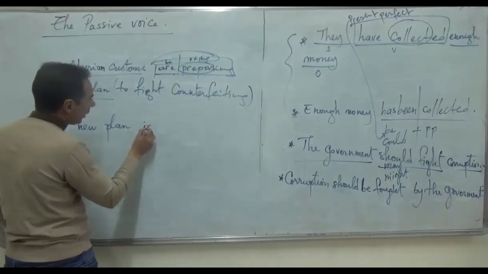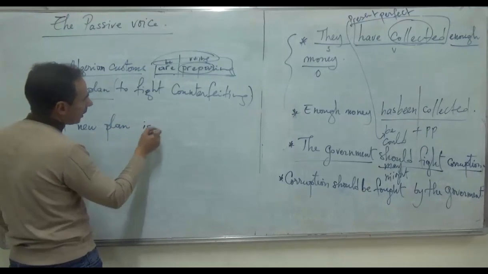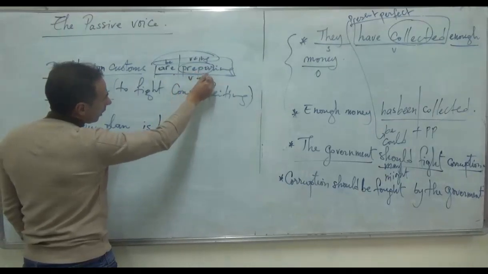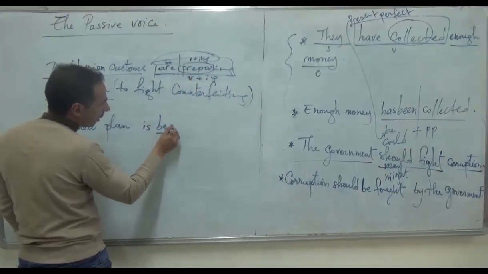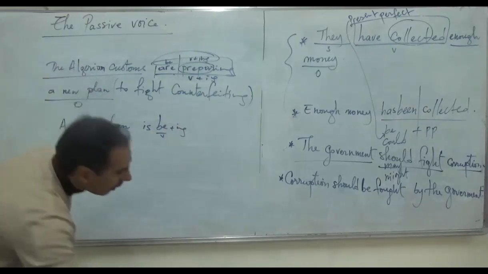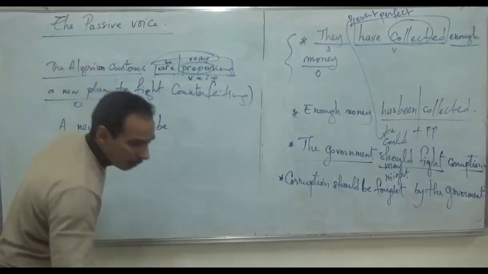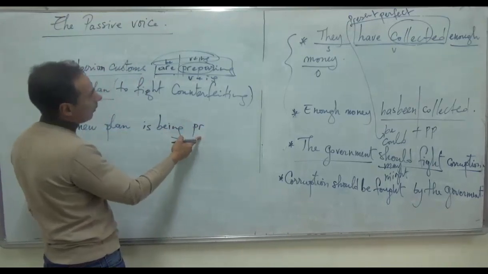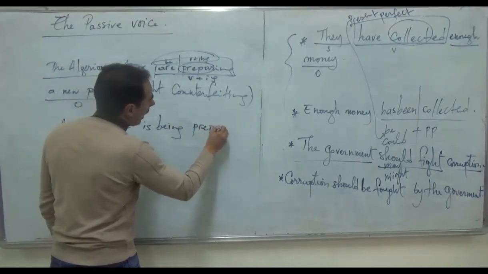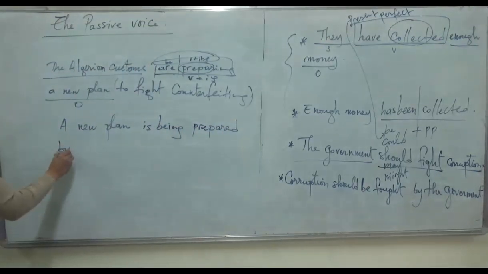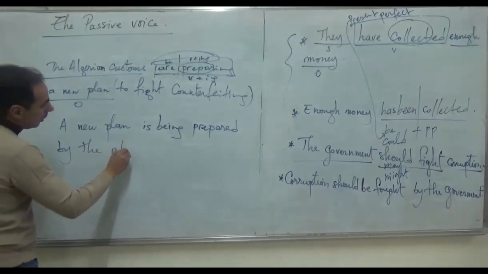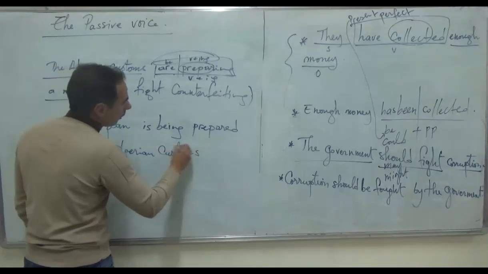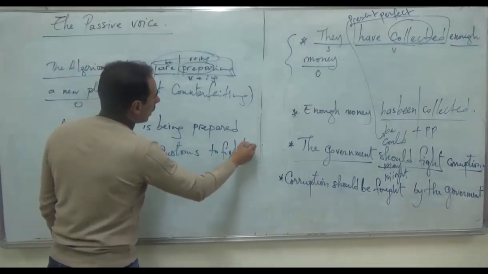A new plan is being, because be plus verb plus ing, also verb to be plus ing, plus the past participle of the same verb: is being prepared by the Algerian customs to fight counterfeiting.